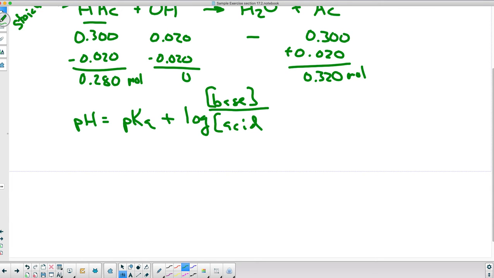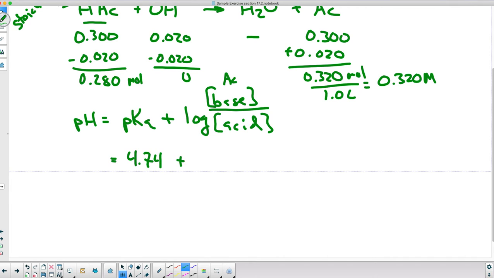Thank you. Okay, so how we do this then is our base over acid for concentrations. Our pKa is going to be the 4.74 that we started with, because that's the basic pH of the buffer, which is also the pKa in this case. So I got my log of the concentration of the base. This is the base here divided by 1 liter gives us, of course, 0.32, and that's our concentration for the base.